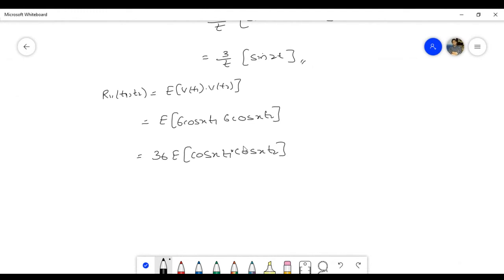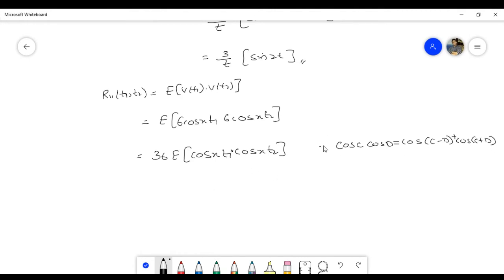So what we have to do is make this multiplication in terms of a sum. How can we change it to a sum? We have a relation: cos C cos D equals half of cos(C minus D) plus cos(C plus D).